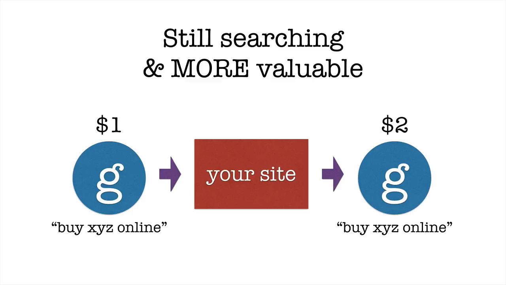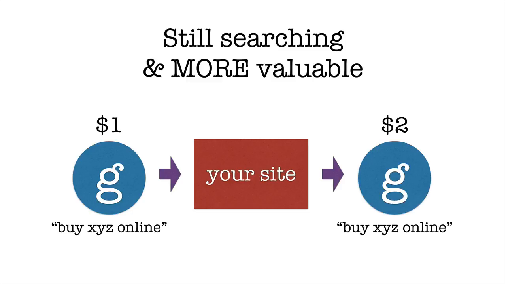If they are then searching for you at a later date, and you know, because they're on a remarketing list, that they have already been to your website in the recent past, then what you're doing with RLSA is you are able to say to Google, all right, they're still searching for that same keyword, a profitable keyword for me, and they're on a remarketing list, therefore I'm going to bid more.